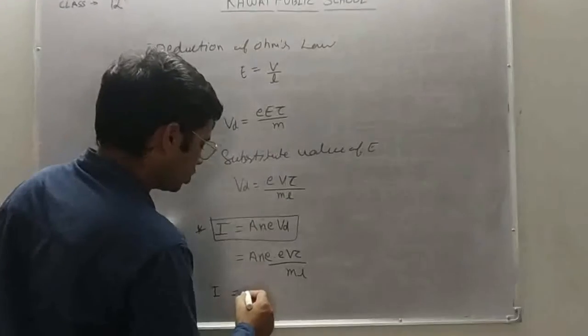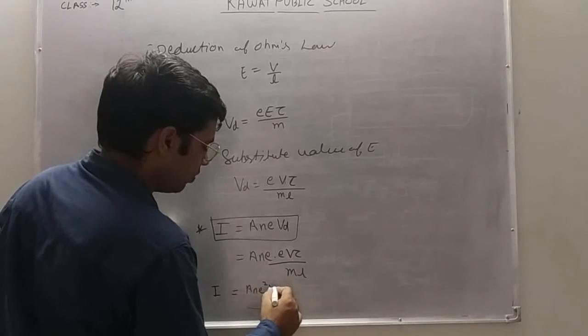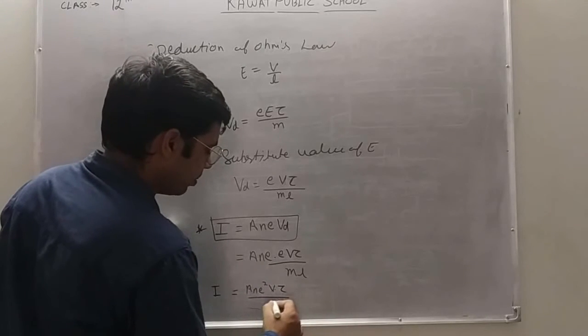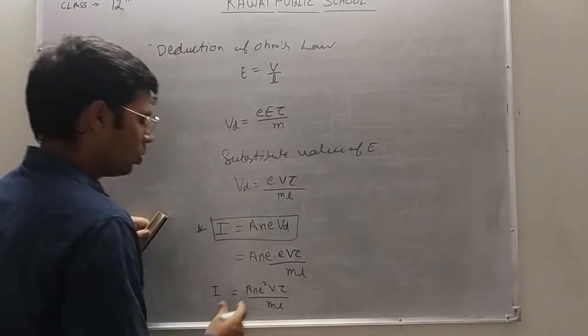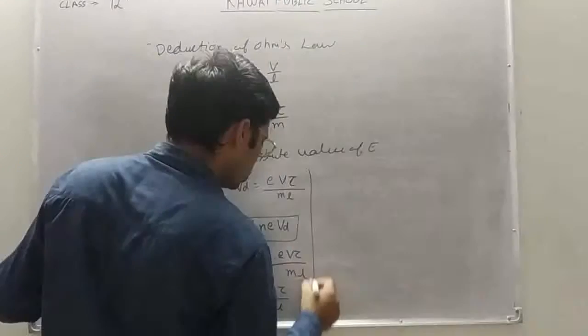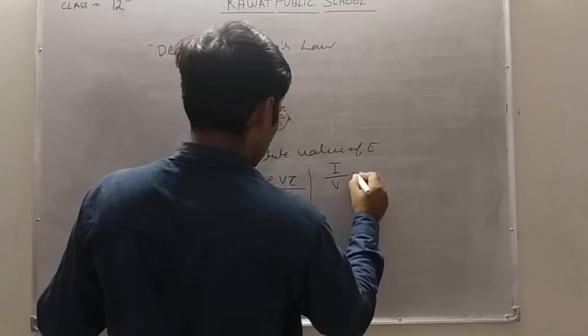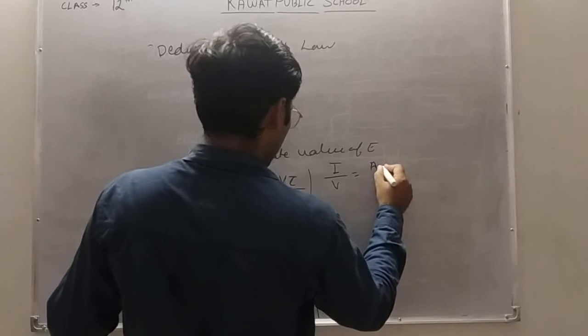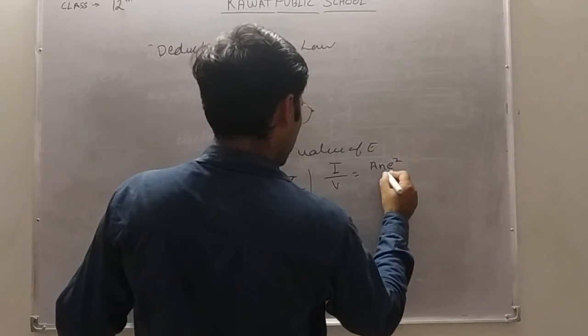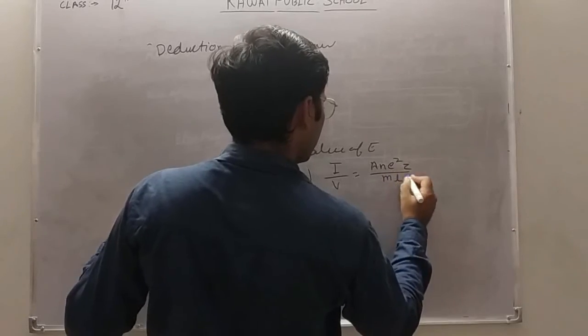Bring this V to the denominator of I. So I divided by V equals Ane square tau divided by mL.